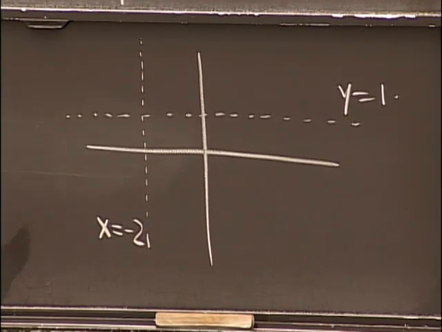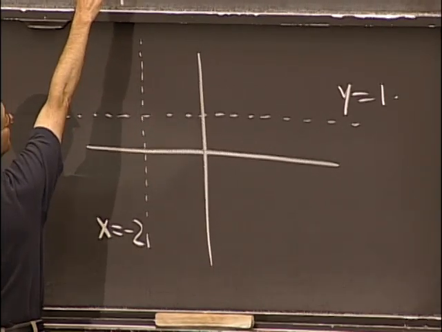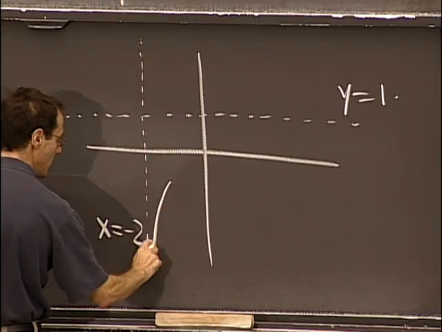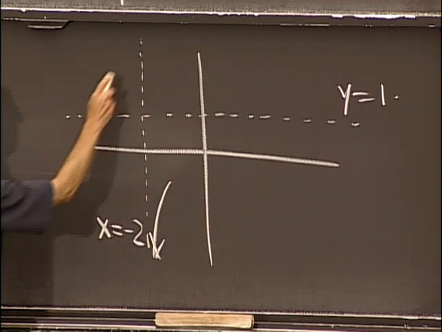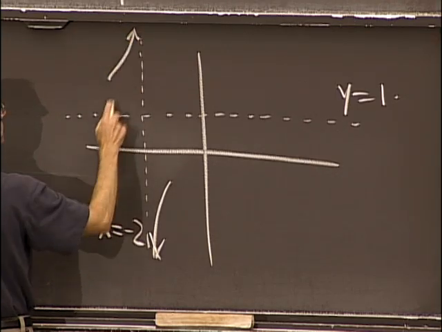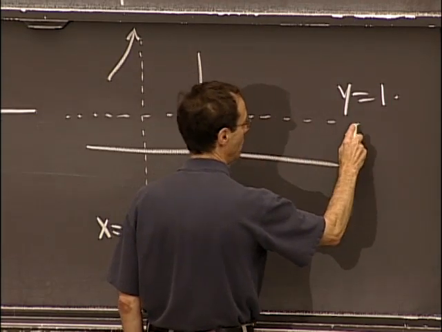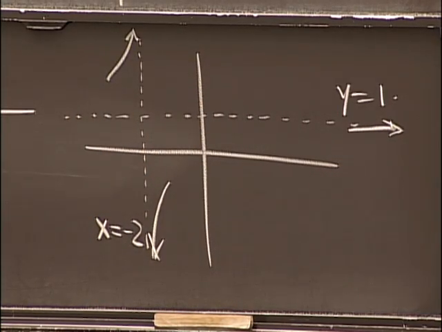Well, the information that I have so far is that when we're coming in from the right, that's this to -2, it plunges down to minus infinity. So that's down like this. Okay? And I also know that it goes up to infinity on the other side of the asymptote. And over here, I know it's going out to the level 1, and here it's also going to the level 1.